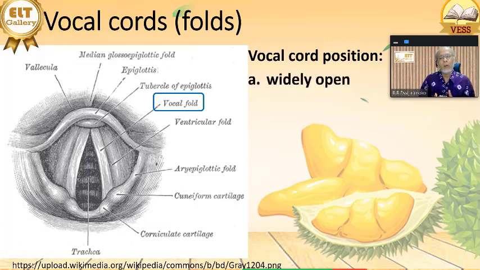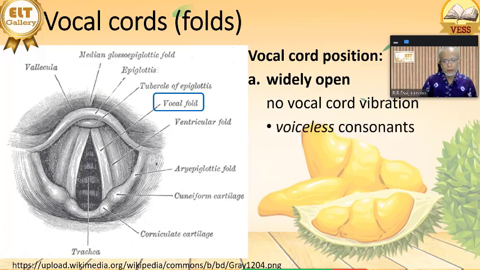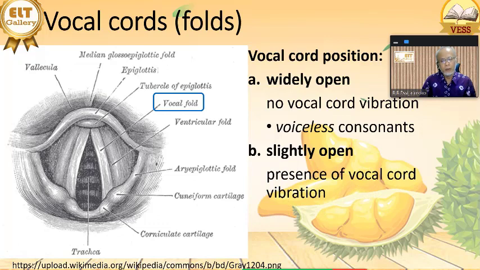If the vocal cords are widely open, what we have is voiceless, because there is no vibration. When the vocal cords are widely open, no vocal cord vibration occurs, and as a result, we have a voiceless consonant. If the vocal cords are slightly open, then they vibrate. Because it's only slightly open, when the air goes through it, they vibrate.